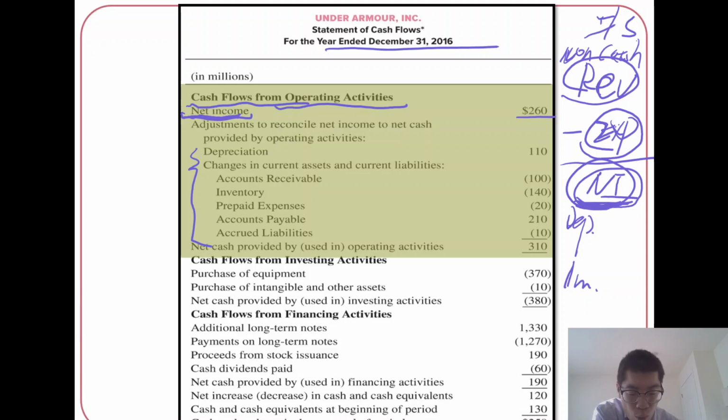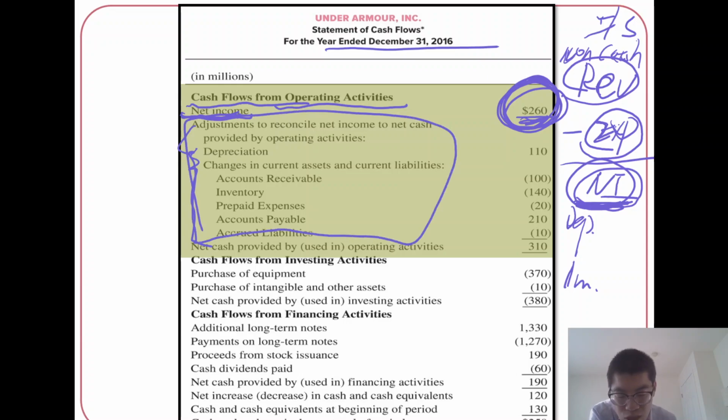So for this indirect method of preparing the statement of cash flows, we start with net income. That way, anything here includes both cash and non-cash numbers, and through these non-cash activity adjustments, we can adjust this net figure back to its real cash number.